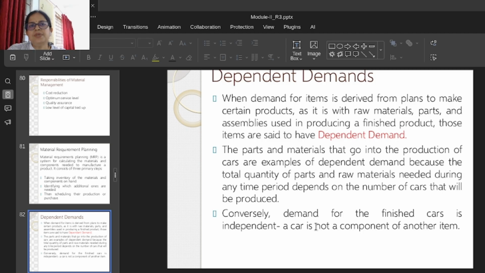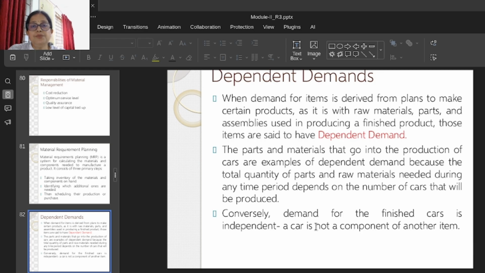Suppose we are going to make a car. The car is our independent demand. But what is dependent demand? Four wheels, four doors, a steering wheel, one engine: these are called the dependent demand.